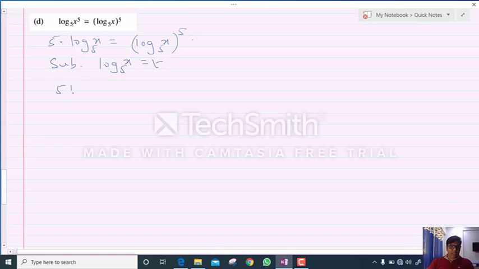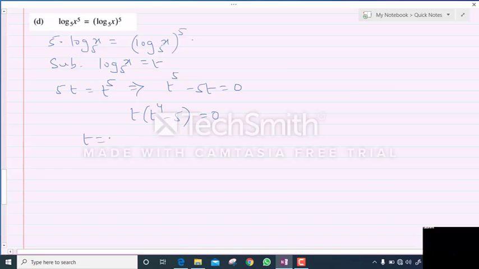So this becomes 5t equal to t raised to 5. Next, this is t raised to 5 minus 5t equal to 0. I take t common, I get t times (t raised to 4 minus 5) equal to 0. So I have t equal to 0, or t is equal to 5 raised to 1 by 4, first 5 goes there and then the 4th root.